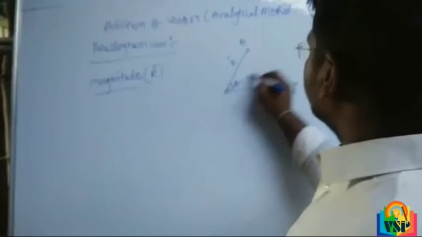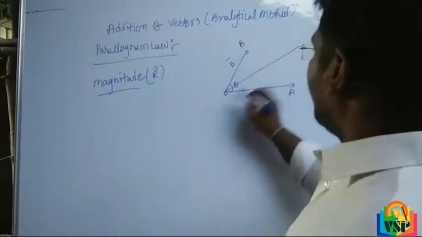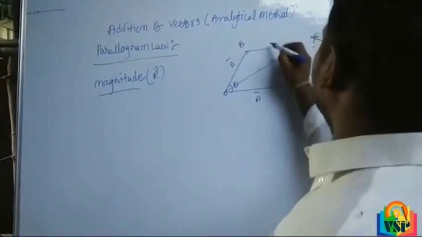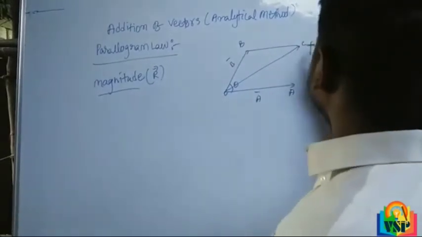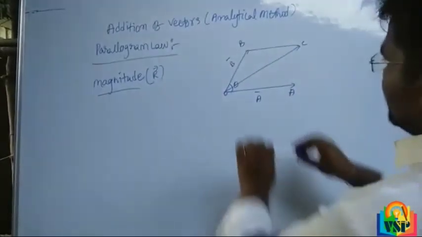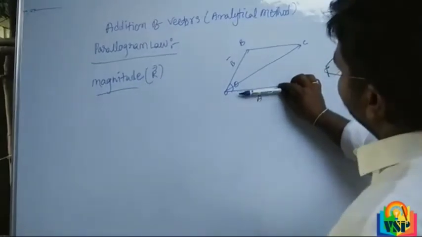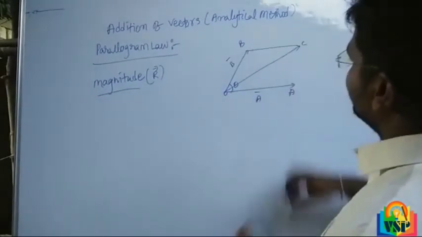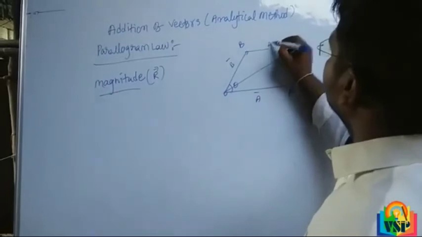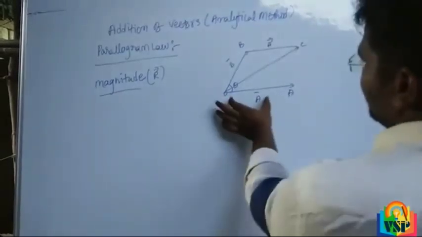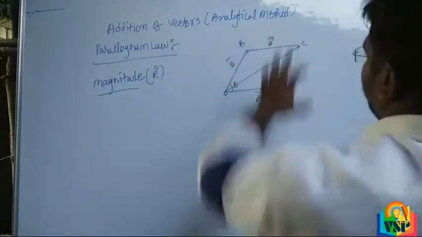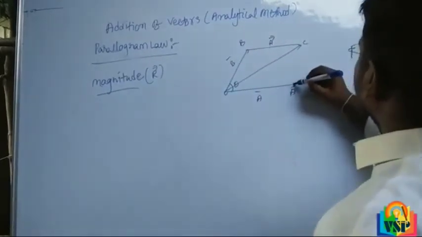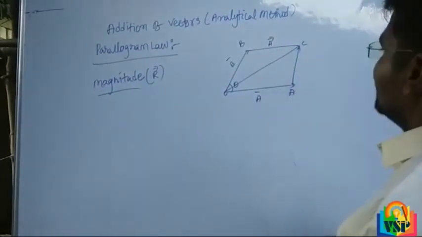The diagonal passing through the origin gives the resultant, which is denoted OC. See here, OA is there, parallel with OA, the A bar vector. Here OA we can take parallel, OB also we can take parallel.